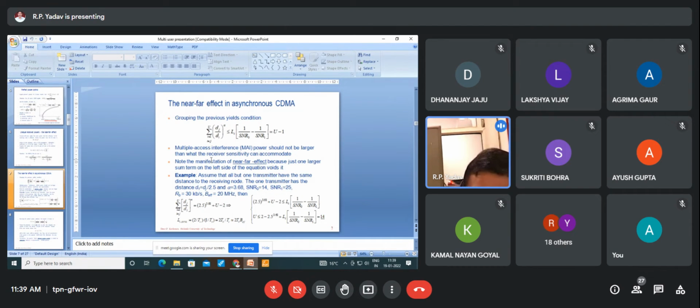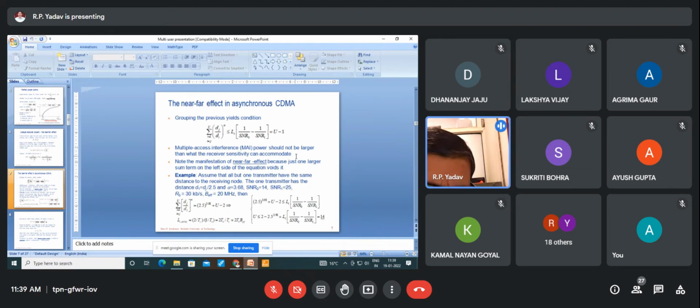It means essentially the multiple access interference power should not be larger than what the receiver sensitivity can accommodate. Okay, so that means I have to somehow reduce the multi-access interference power. And multi-access interference is obviously directly related to the kind of interference generated by the other users for the intended user. Understand?